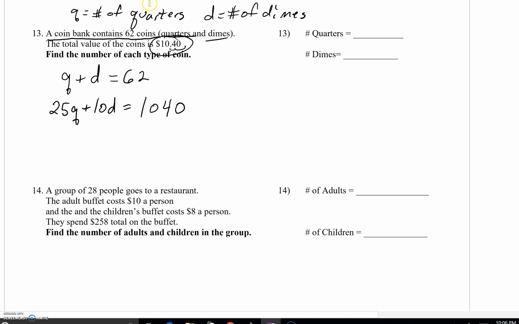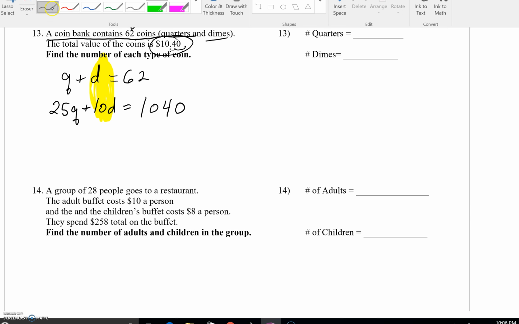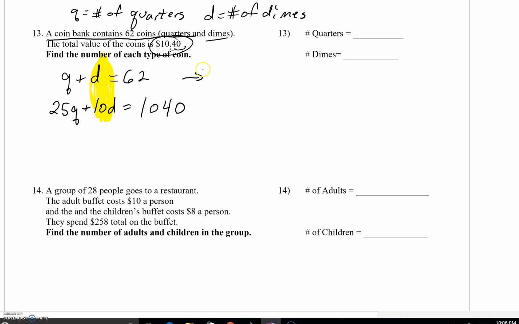Now, what you need to do is do elimination to make this problem work out a little nicer. So I'm going to multiply this top equation by negative 10. And I'll have negative 10Q plus negative 10D equals negative 620.